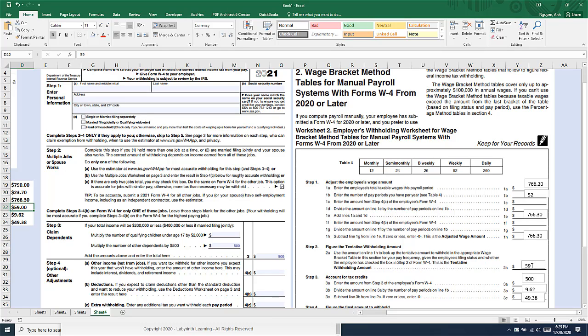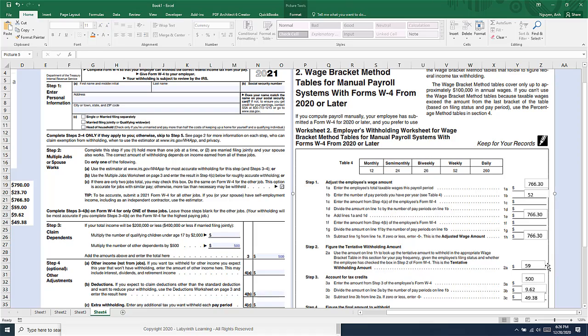And we figured it to be 59 based on this amount of taxable wage, and also the marital status being married filing jointly, as well as the checkbox of Step 2, because we had checked the mark here in Step 2 of Form W-4, and we used that specific column and not the standard column. So that's how we get the 59, and that's the tentative withholding amount.